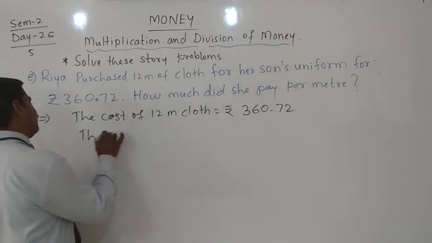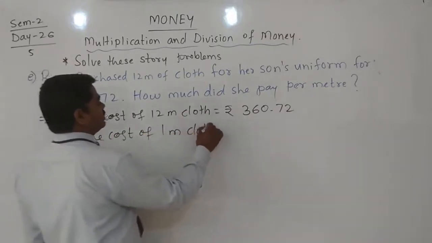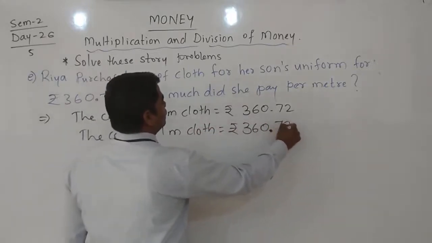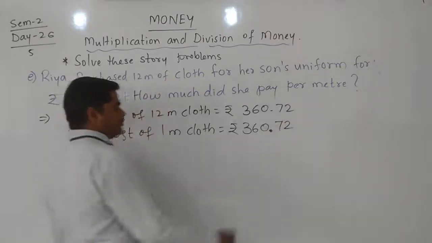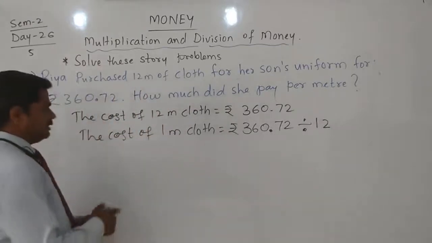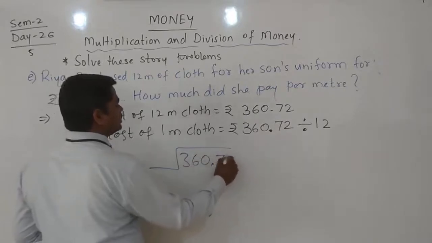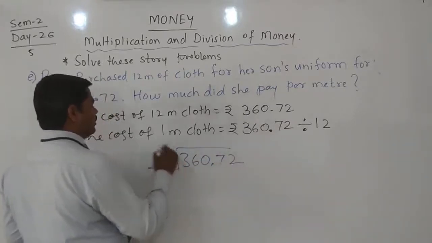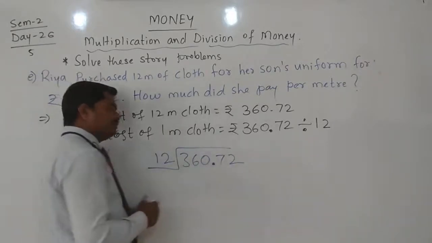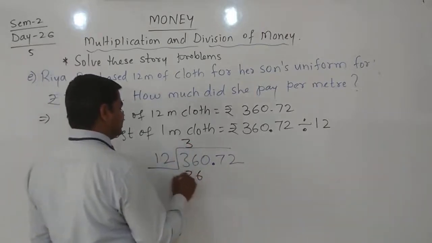Then find the cost of 1 meter cloth. Many to 1. Then multiplication? What do I have to do? Correct, divide by 12. Division. Rupees 360.72 by 12. 3 are 36.